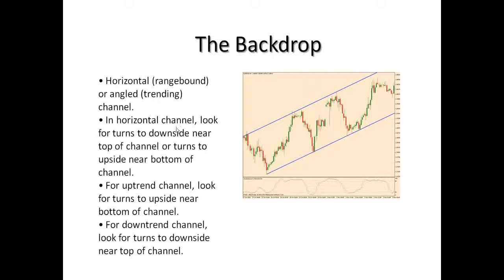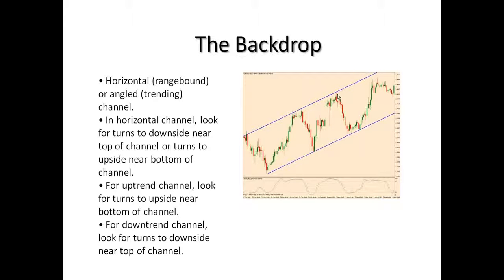In a horizontal channel, you look for turns to the downside from resistance near the top of the channel, and turns to the upside near the bottom of the channel, near support. But in an uptrend channel, you look for turns only to the upside near the bottom of the channel.